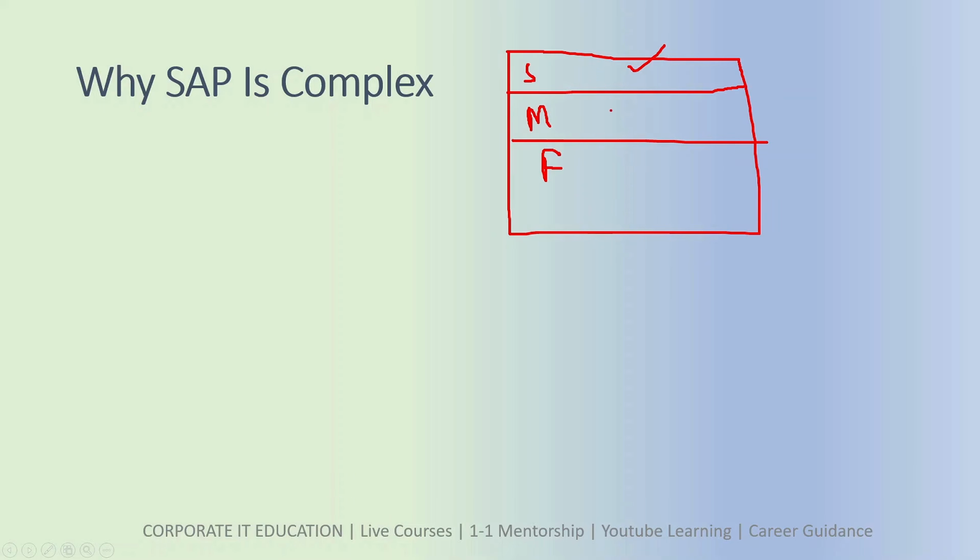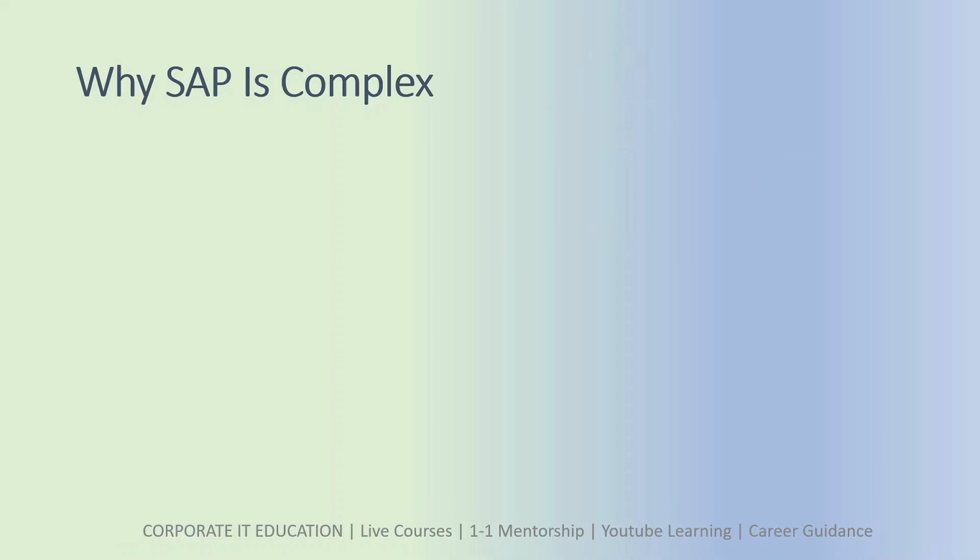But every organization might have tweaks here and there, either in naming conventions, or certain flow changes, or certain different laws that need to come into picture, and a lot of different customizations. So even if you have worked in, let's say, SAP SD at Walmart, and you are going to work in SAP SD at Target, the base software is SAP, but the customizations are going to differ. So that's why it feels a little complex.